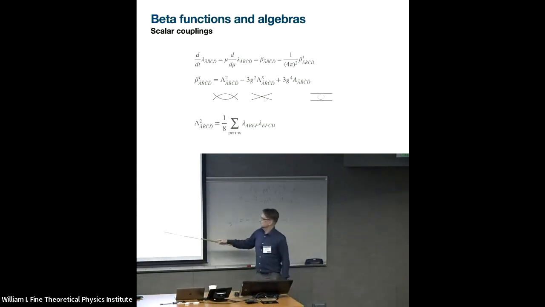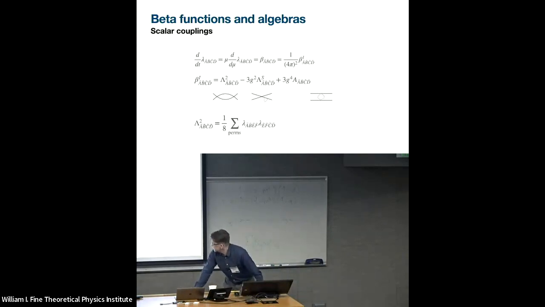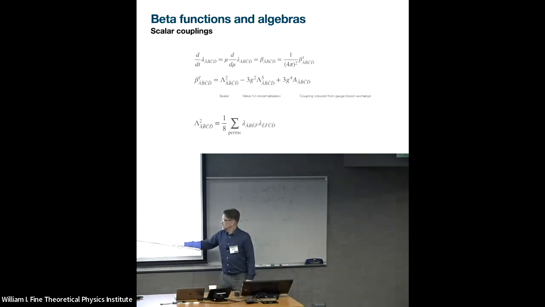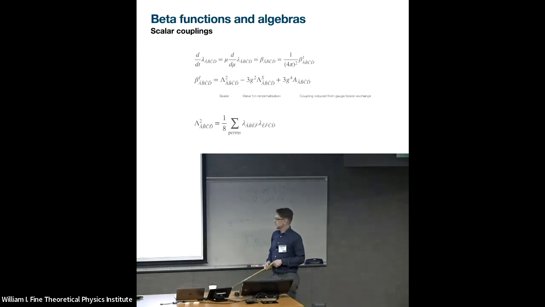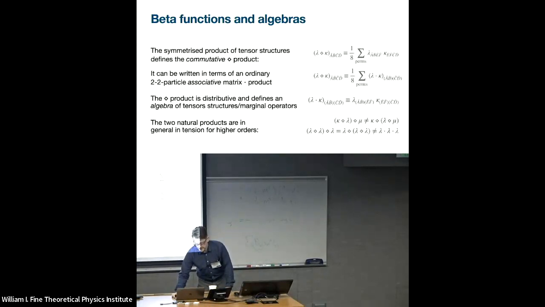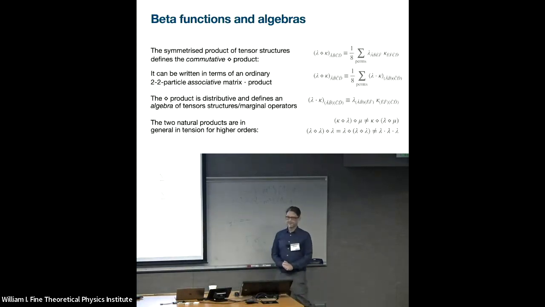There will be external leg corrections and these double exchanges, purely gauge particle induced. This term is the one we're going to be most interested in. These other terms we can add on at the end. This is where the algebra sits. You can see that it's sort of a square, in a sense, of the coupling, right? So that can be thought of as an algebra in some way.